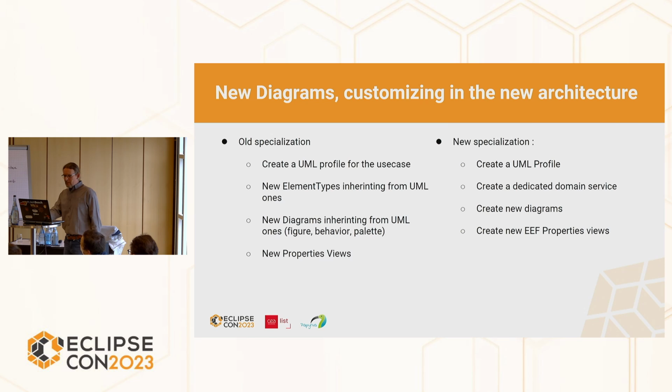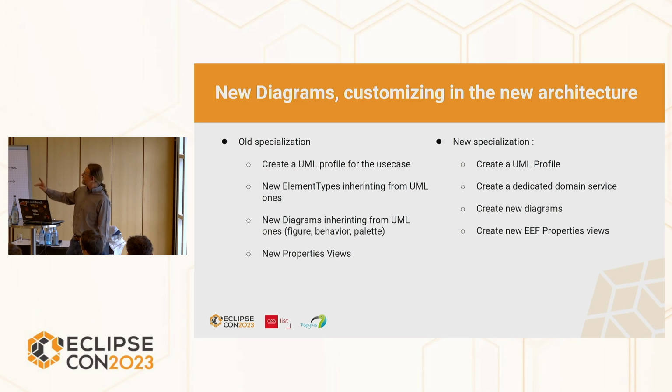So, as I said previously, Papyrus is a highly customizable tool. In the previous version, for customization for the final user, we started by creating a UML profile for the use case.